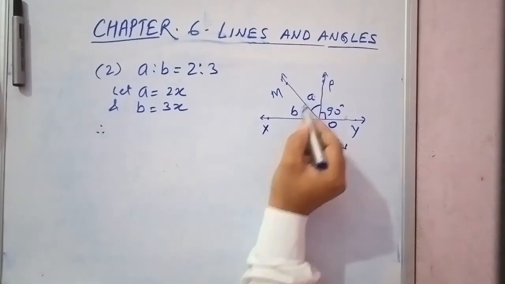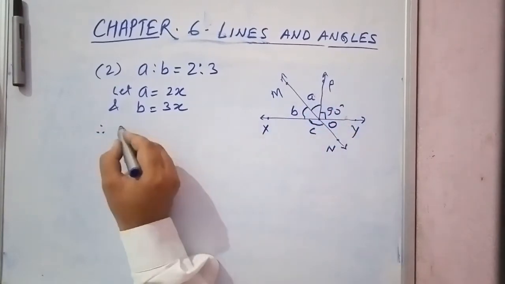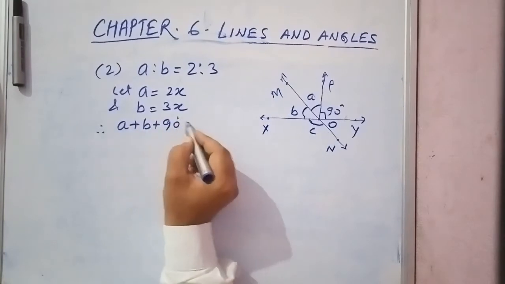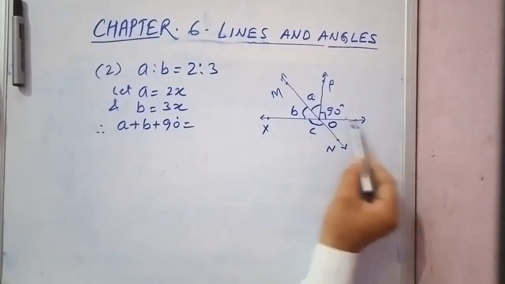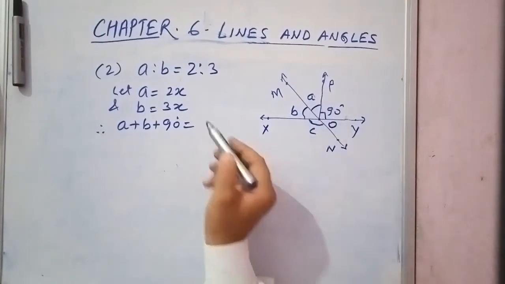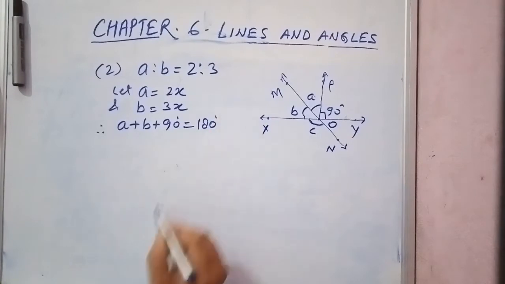So in the figure, a plus b plus 90 is a straight line, so this angle is 180 degrees.